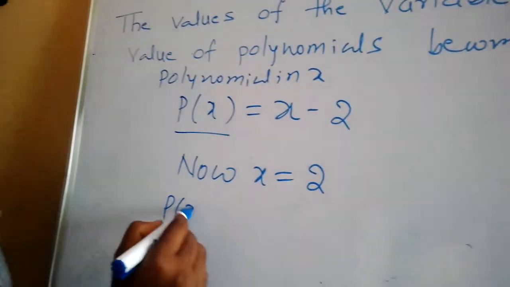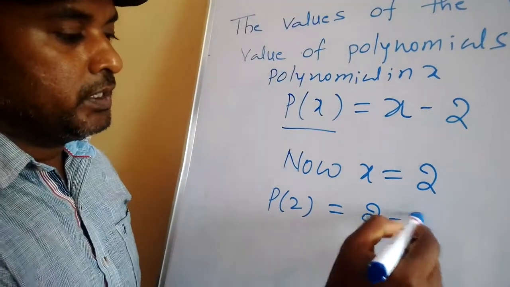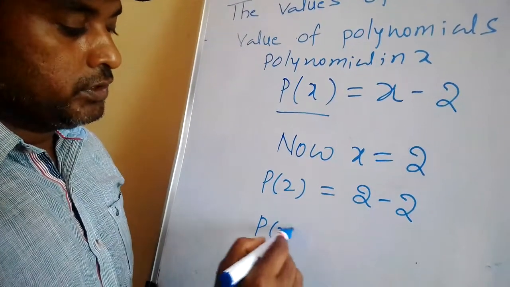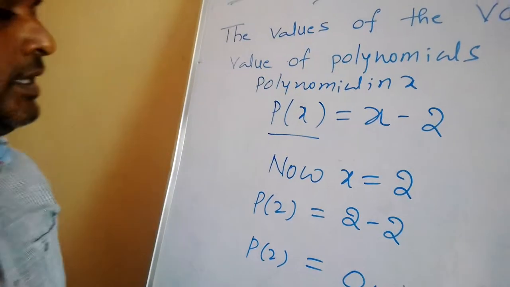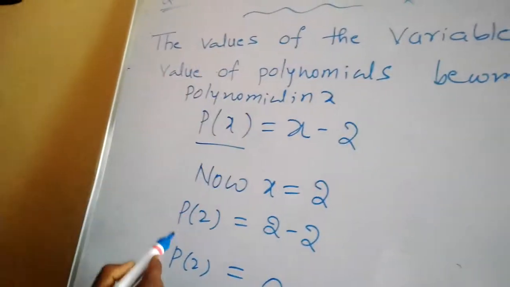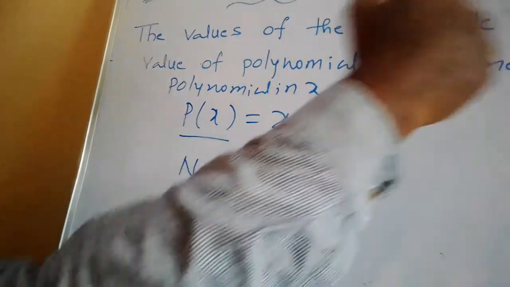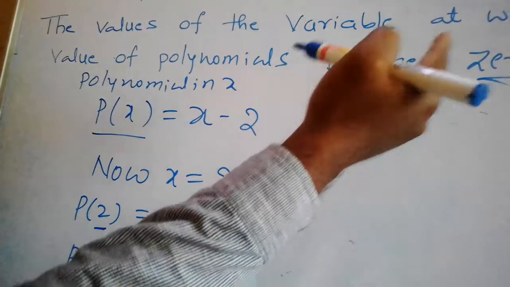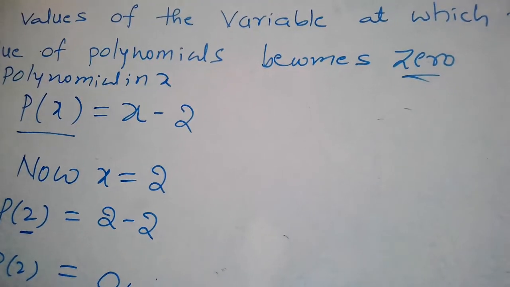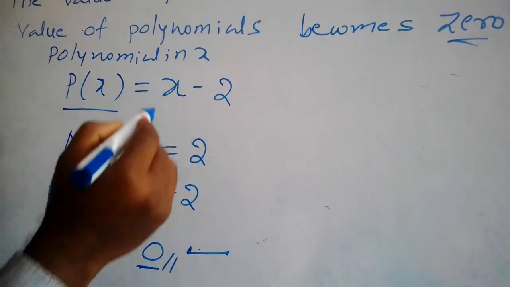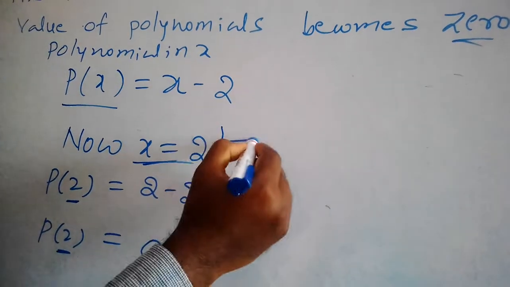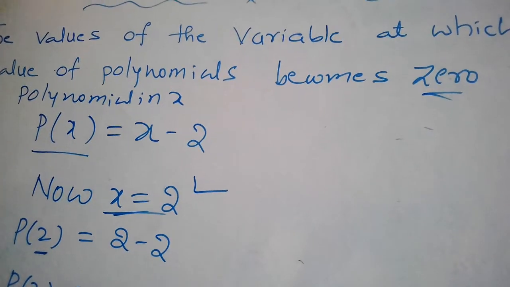So p of 2 is equal to 2 minus 2, which is 0. Now check the definition. The value of the variable is 2, at which the value of the polynomial becomes 0. Now the polynomial value becomes 0 after substituting 2. Therefore x equal to 2 is a zero of the polynomial.